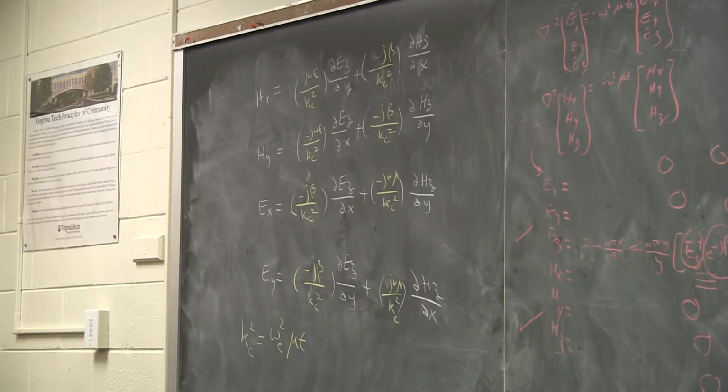Right? Remember omega sub c, which is the cutoff frequency, the radian frequency. k is omega squared mu epsilon, so k sub c squared is omega sub c squared mu epsilon. k sub c squared is that term.